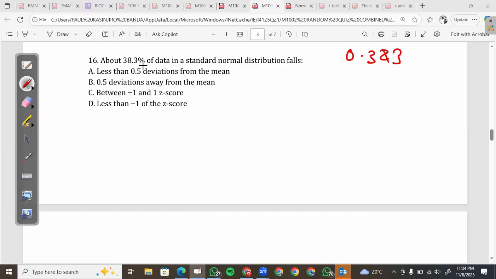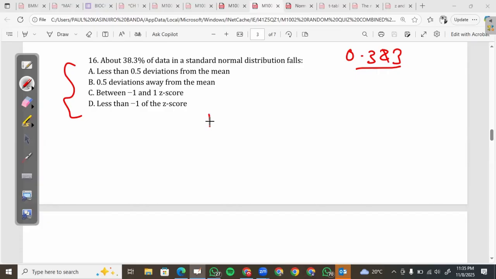That's the probability they've given us. They want us to find how far from the mean this probability falls. If you have no idea how to do it, you can just go option by option to see which one will give you this. The first one says less than 0.5 deviations from the mean.